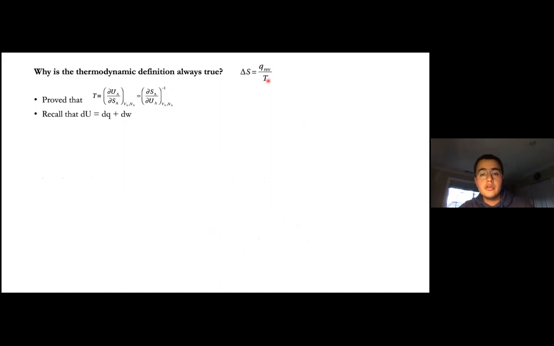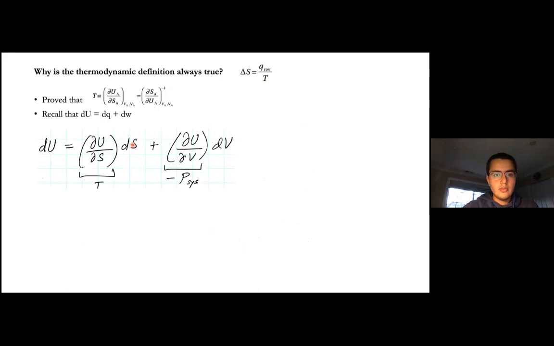Well, recall the first law of thermodynamics, that the total change in energy equals the change in heat and the change in work. So we can rewrite dq, as Pujan talked about, as the partial derivative change of u with respect to s, because if you notice here, dq is simply t times delta s, and then the work is simply the external pressure times the change in volume.